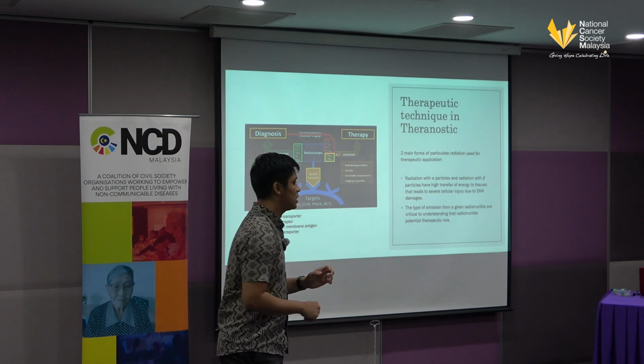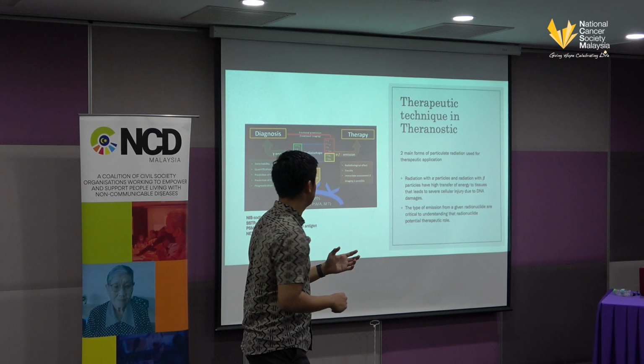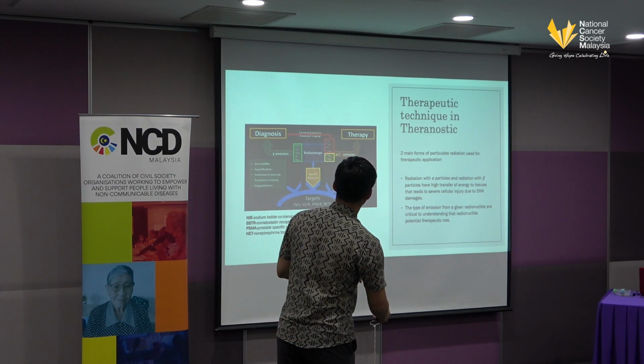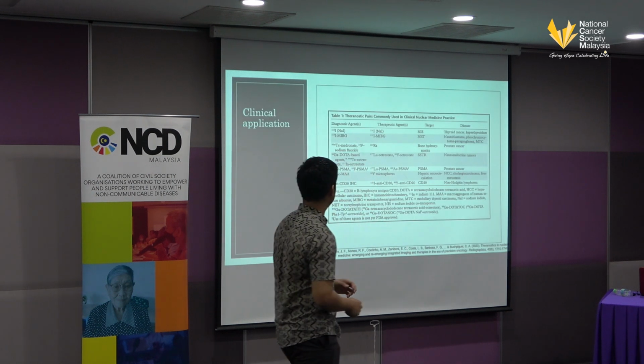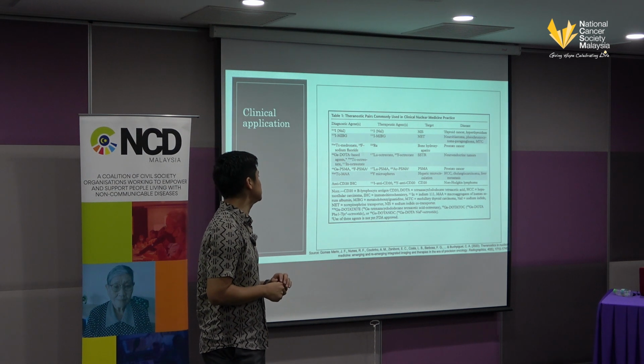So depending on how we would like to approach it, we can decide which radiation we would like to choose. So these are some of the examples commonly used in clinical nuclear medicine practice.